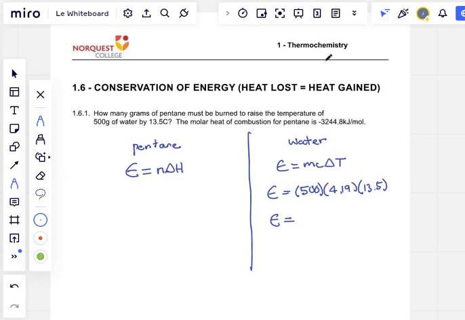500 times 4.19 times 13.5, I get 28,282.5 joules, or divide by 1,000 and you get 28.2825 kilojoules.